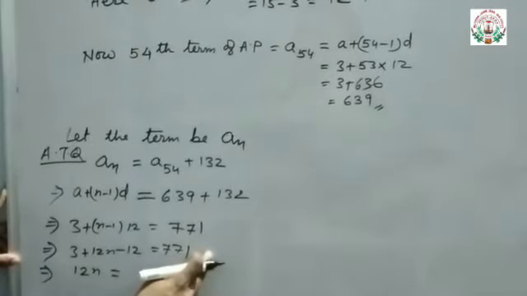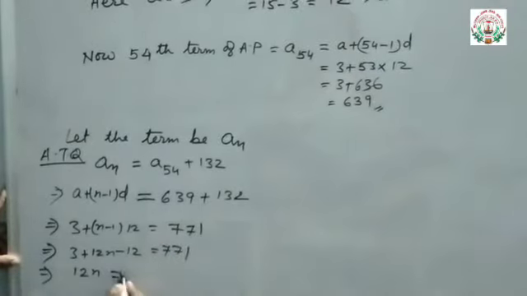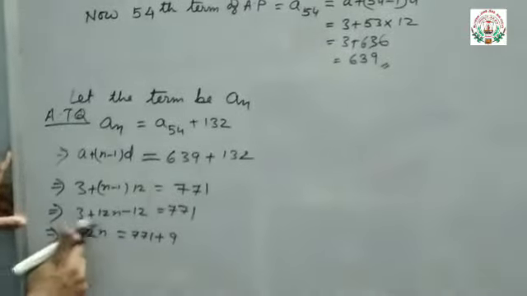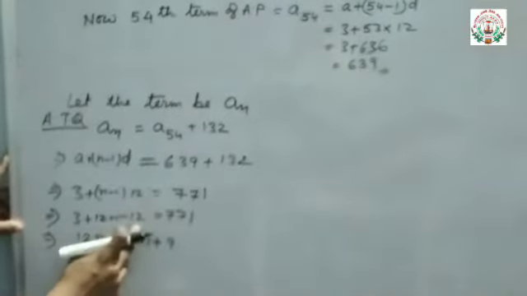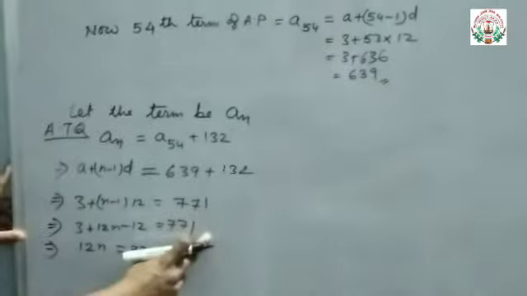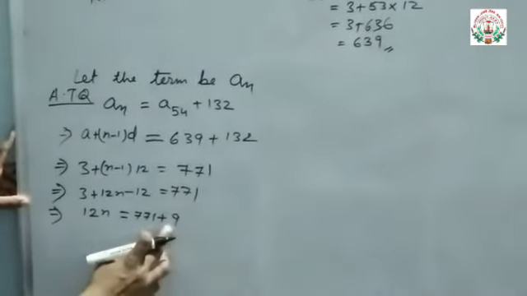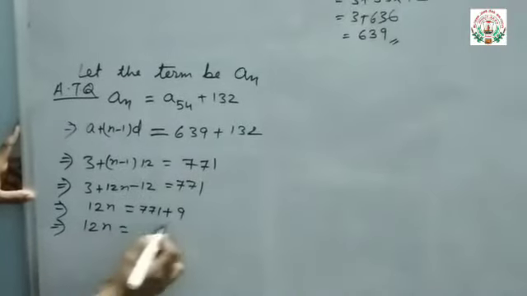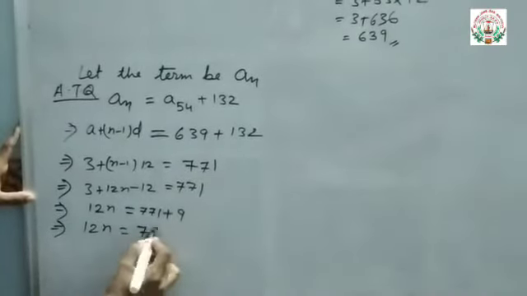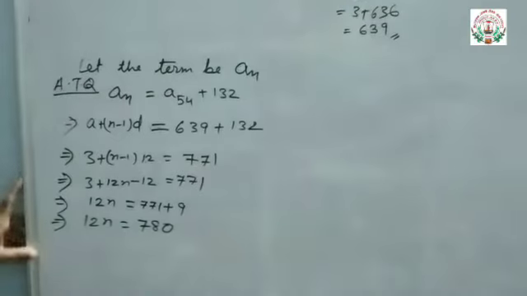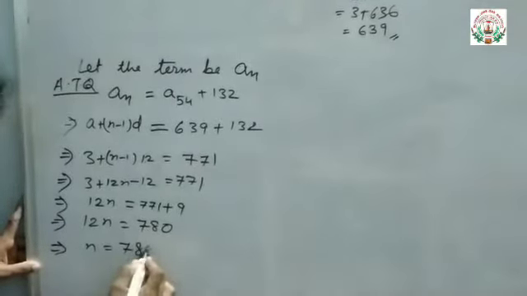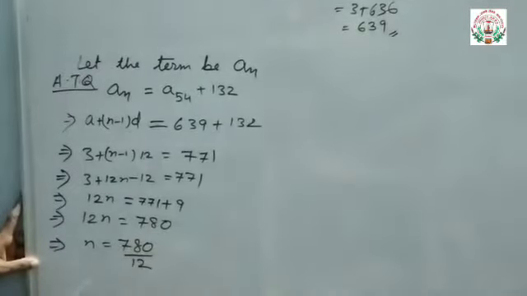That 9 and minus 9 will be transposed to the other side. So it will be 771 plus 9. Understood how you got 9? Because on subtraction of this we are getting minus 9. So minus 9 when it goes that side it will become plus 9. So 12n equals, on addition what you will get? 780. So n equals 780 upon 12.